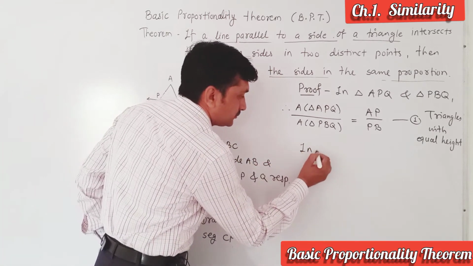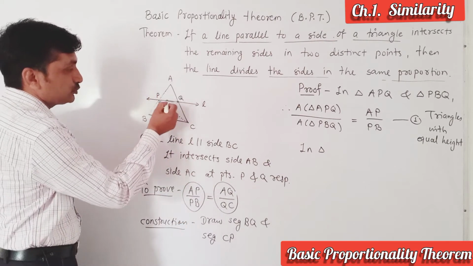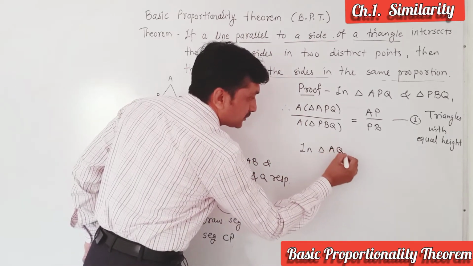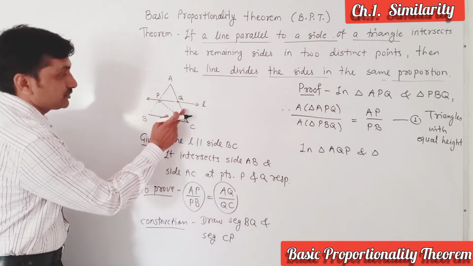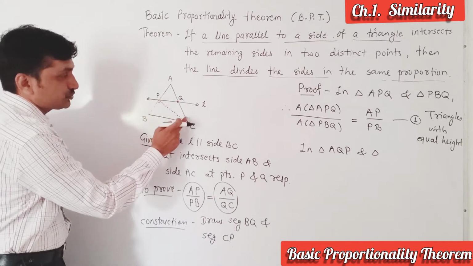What is the triangle with base AQ? AQP. And the triangle with base QC is PQC.